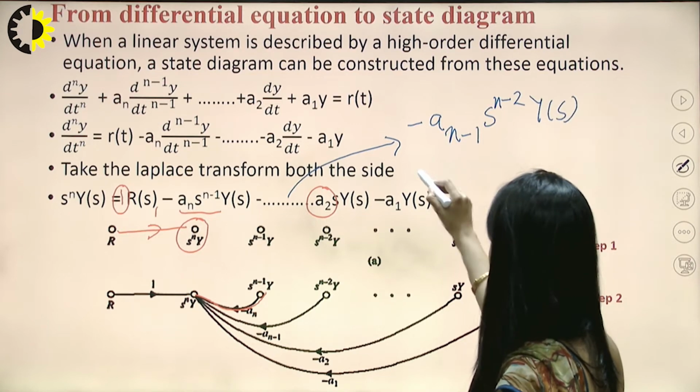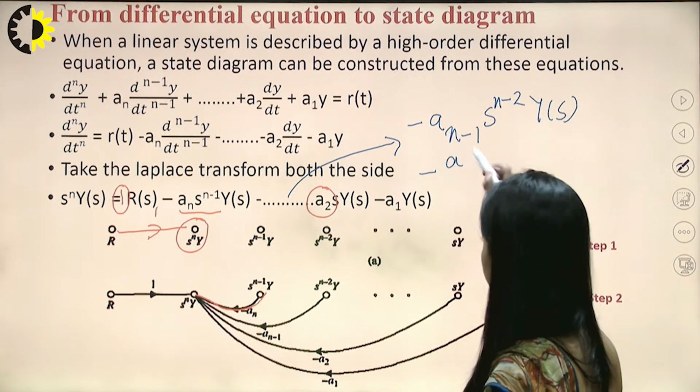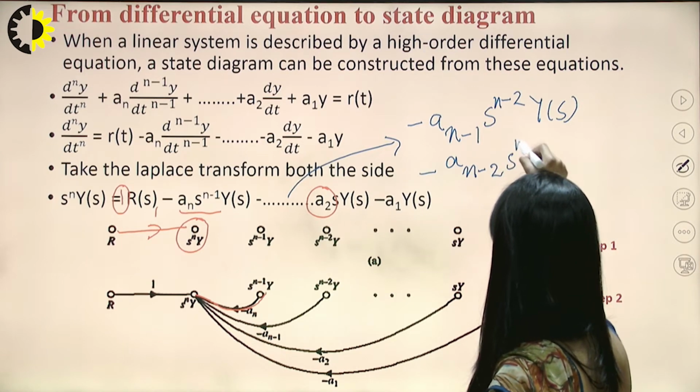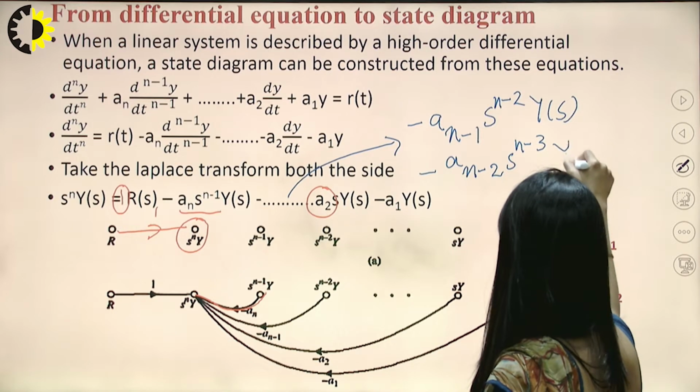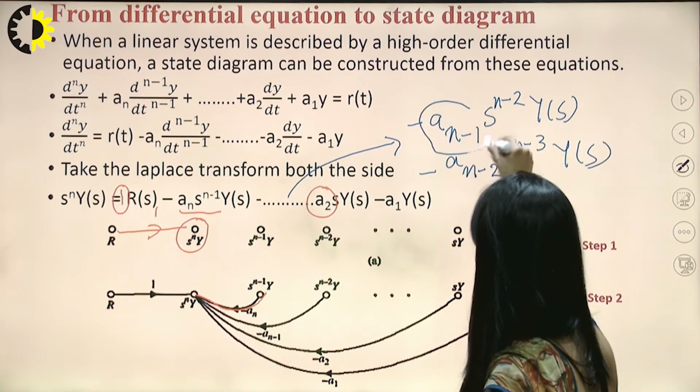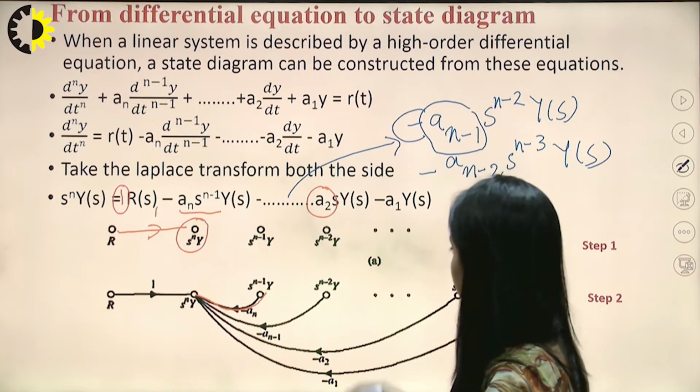Another term is minus a of n minus 2 s raised to the power n minus 3 Y of s. So this term coming with negative sign will be here.